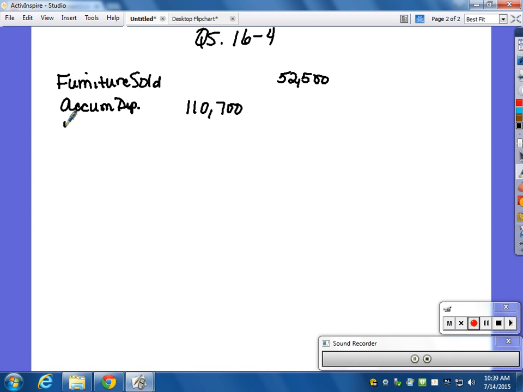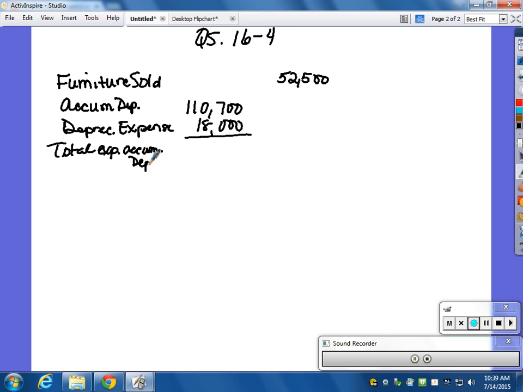So that means total expected accumulated depreciation. Are these two amounts added together? 118,000. I'm sorry, 128,700.